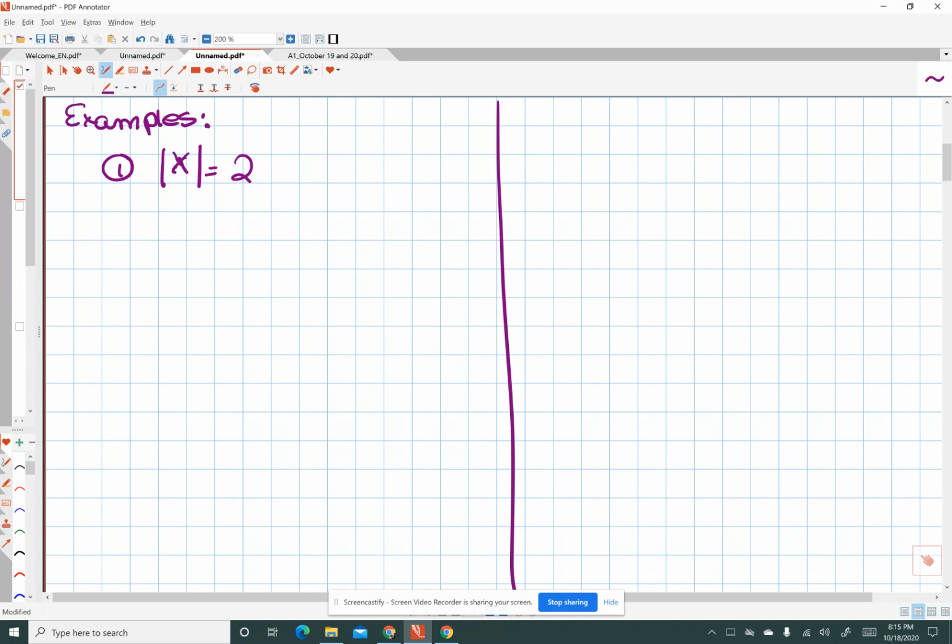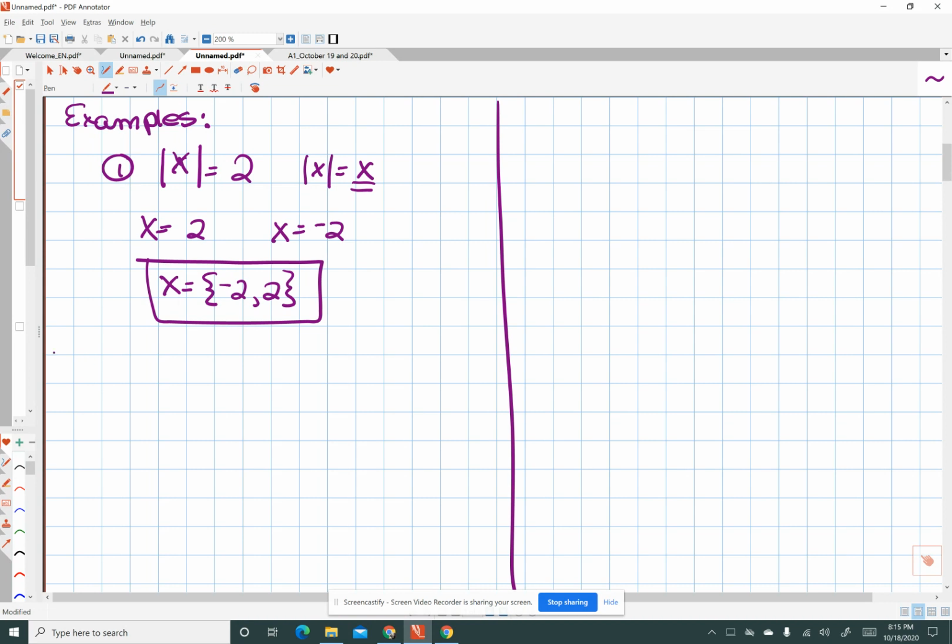The absolute value of x equals x. So we will set x equal to 2, and we'll set x equal to negative 2. So our answer, these are both final answers: x equals the set of all numbers such that x is equal to negative 2 and 2. And that's the form of your answer.